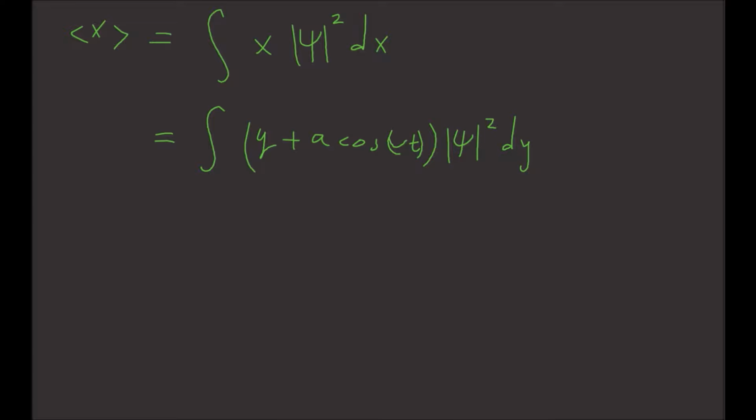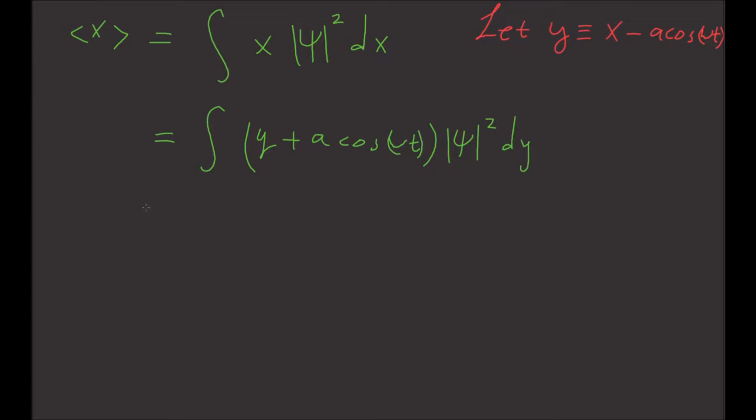I'm sorry, I made a change of variables here, so here you let y, we defined it as x minus a cosine omega t. So this is y, so just solve for x, and take an x derivative to substitute for this. So this is going to make things a lot easier on us.